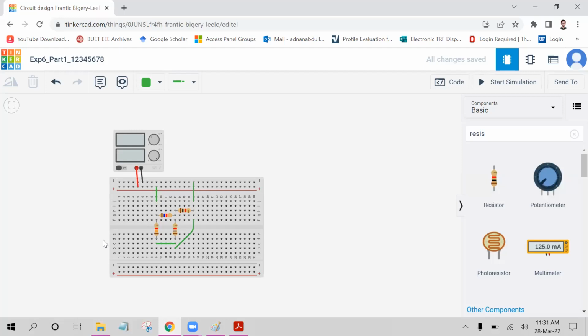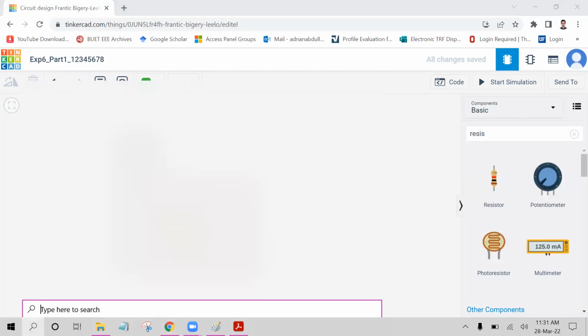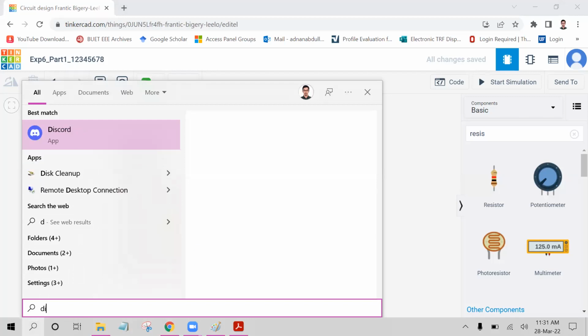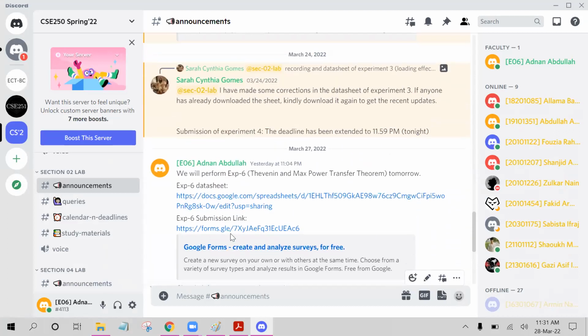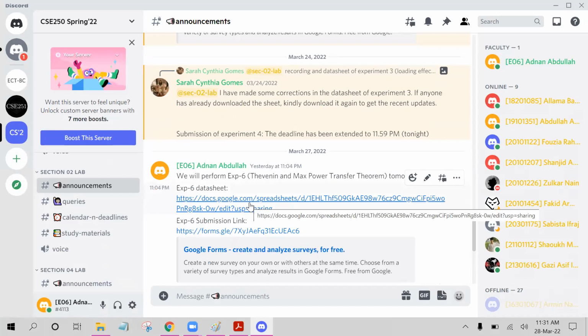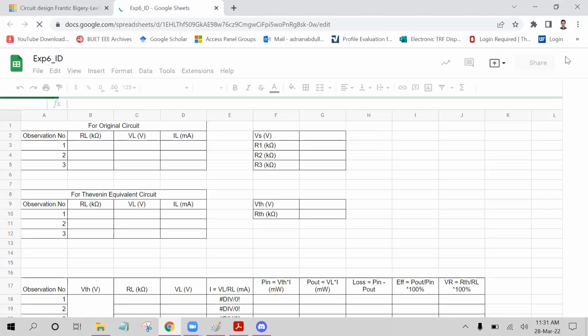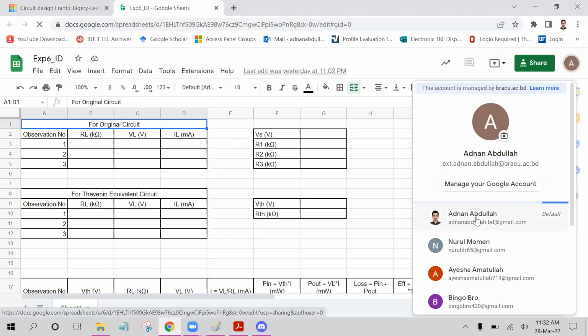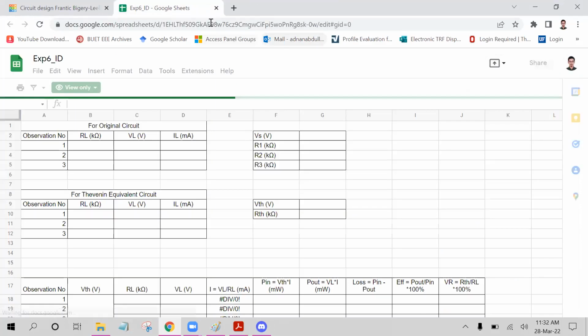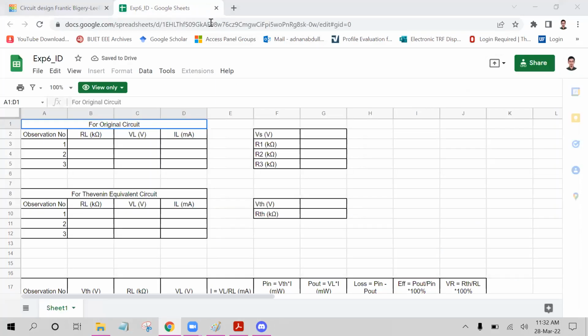Okay. Now time for the data sheet. Everyone, please go to our Discord announcement channel and find the datasheet link, experiment 6 datasheet. Okay, everyone, please open the datasheet.